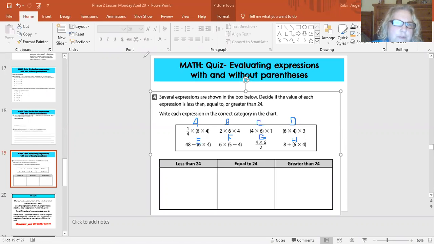I wonder if I can use a text box out here. Oh, yes, I can.